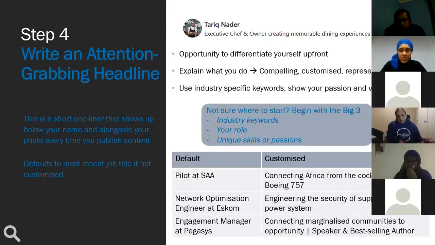I also run coding programs for children, which is connecting marginalized communities to opportunity. I also currently run an NPO, which I just started this year. We connect corporates to communities where they can implement CSR programs or CSI programs as well.